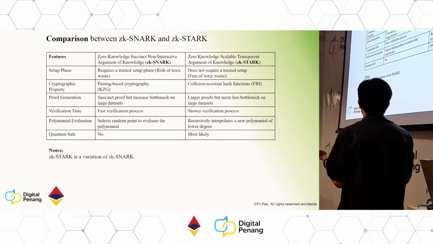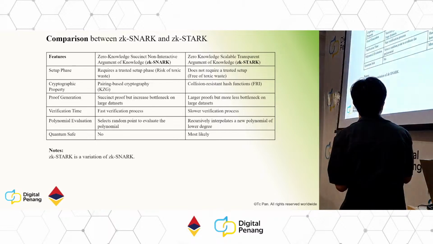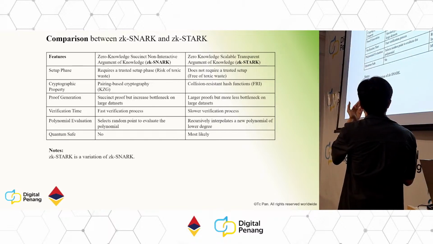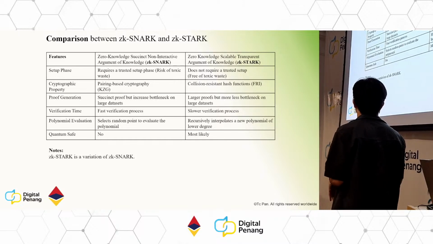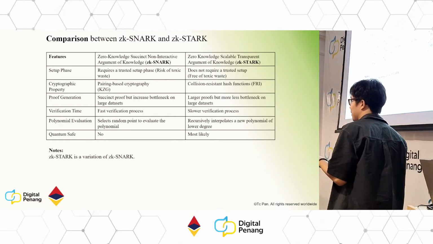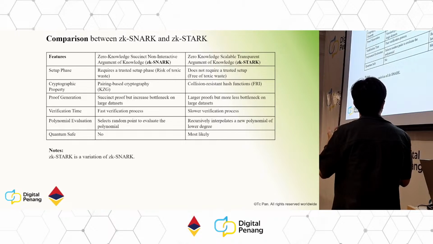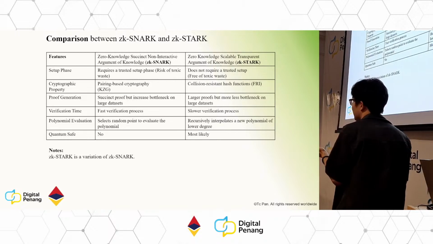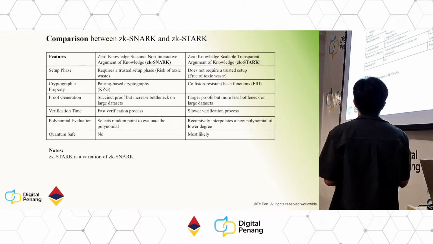The cryptographic property for GK-Snark is using pairing-based cryptography like elliptic curve, and GK-Stack uses hash functions. For proof generation, GK-Snark has smaller proofs, but it increases bottleneck on larger data sets because you need repeated computation for that. GK-Stack has larger proofs but less bottleneck, and is able to compress the proofs more effectively than GK-Snark.